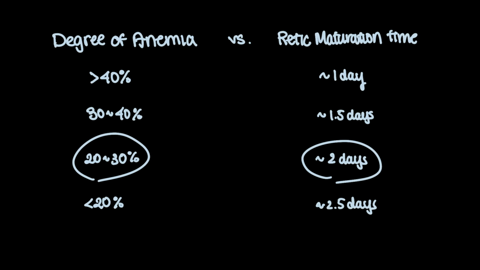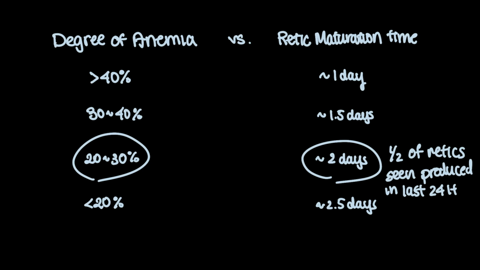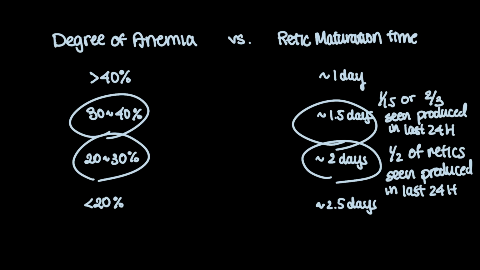And that means if we see a reticulocyte amount in the blood, about half of the reticulocytes seen were actually produced in the past 24 hours, which is what we're interested in. If the hematocrit were somewhere between 30 to 40%, the maturation time is about 1.5 days.